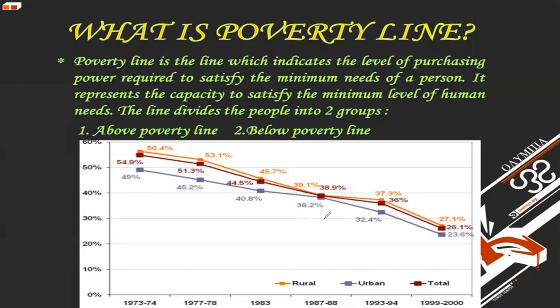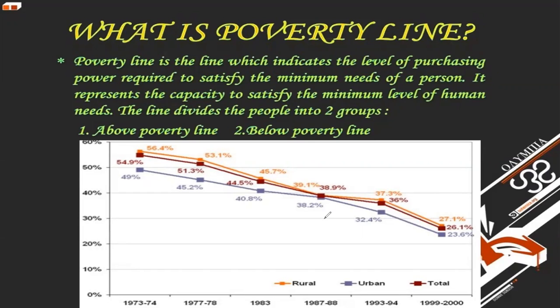When the number of poor is estimated as a proportion of people below the poverty line, it is known as the head count ratio. In other words, the head count ratio is calculated by dividing the number of people below the poverty line by the total population.